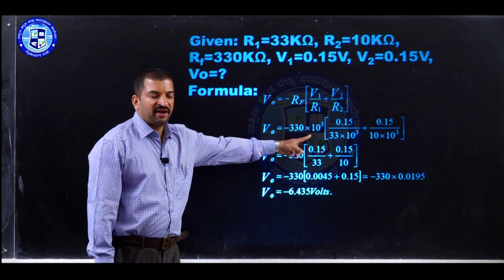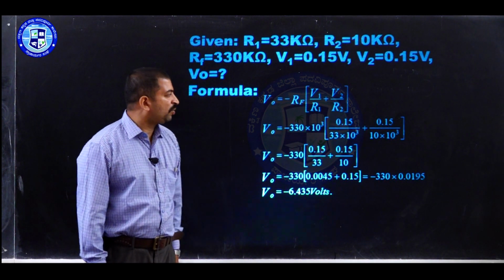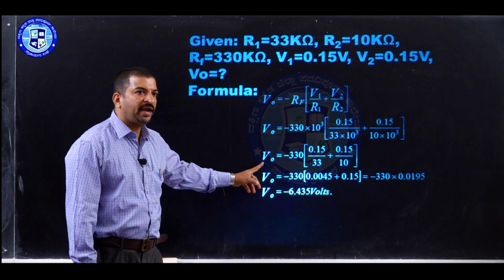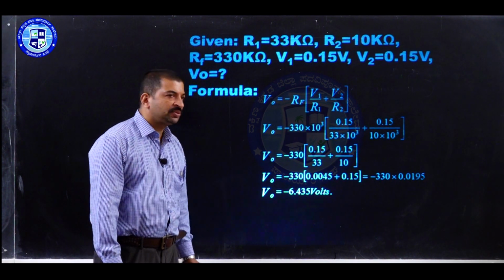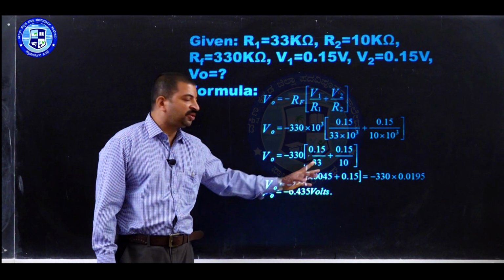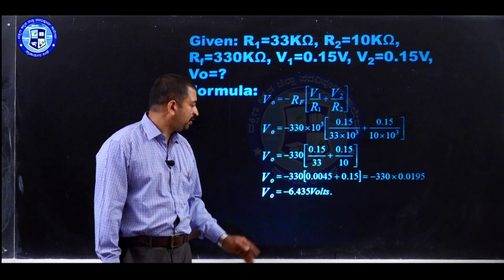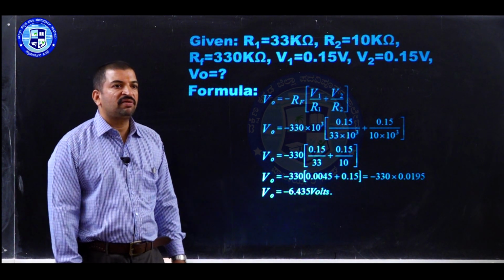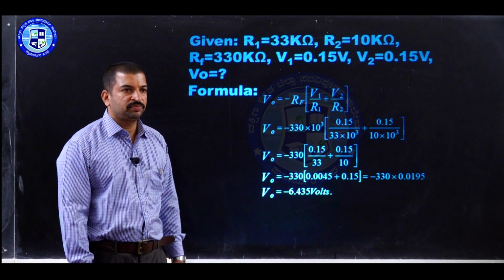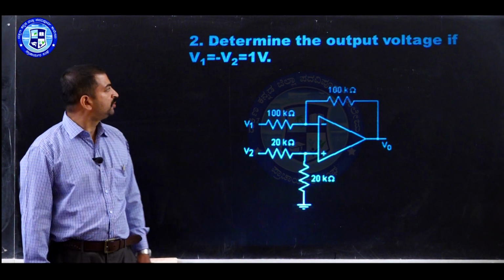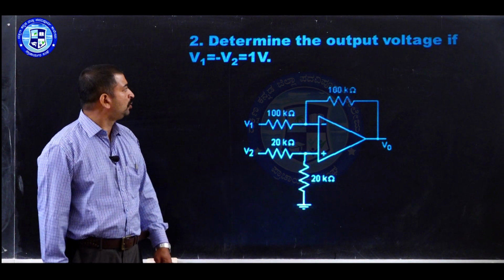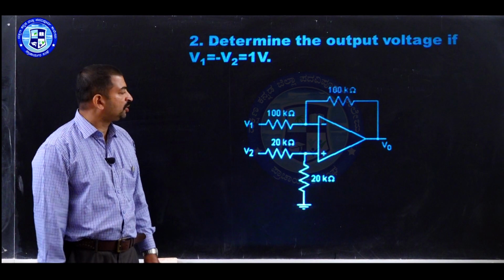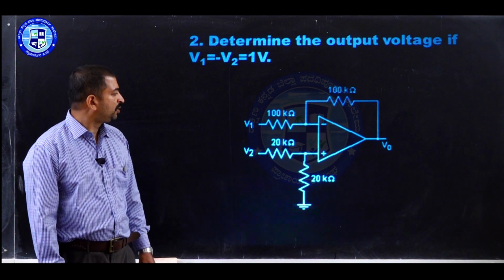So VO is equal to minus 330 into 0.15 by 33 plus 0.15 divided by 10. So VO is equal to minus 6.435 volts.